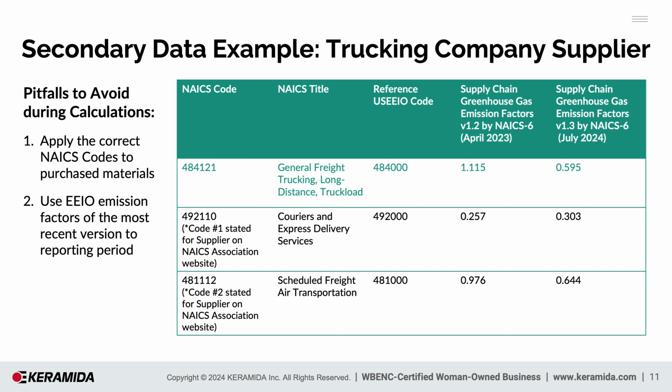So some pitfalls we recommend to avoid are applying the incorrect emission factors, and in this case, it would be the NAICS codes to your materials, and then using the most recent version of the emission factor data set is often a step that we find in a lot of our verification auditing projects actually.